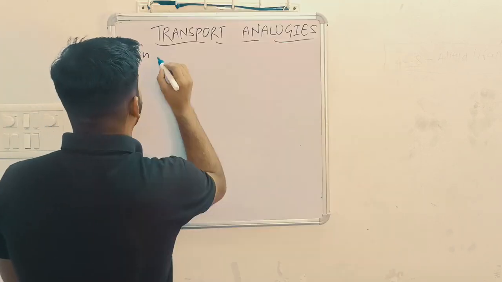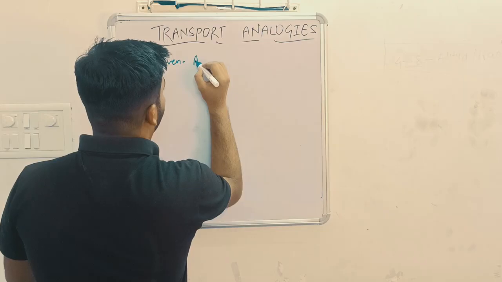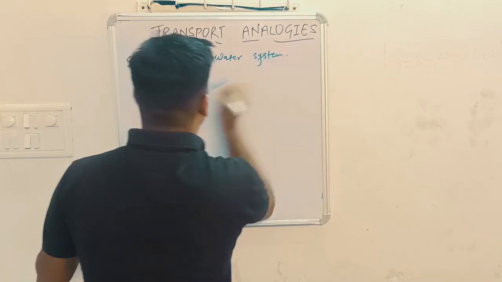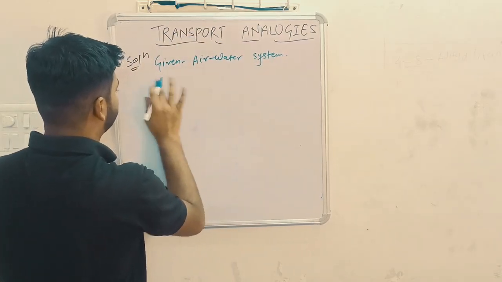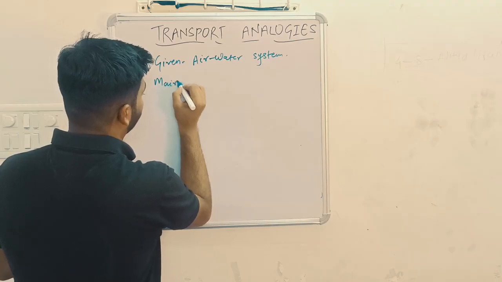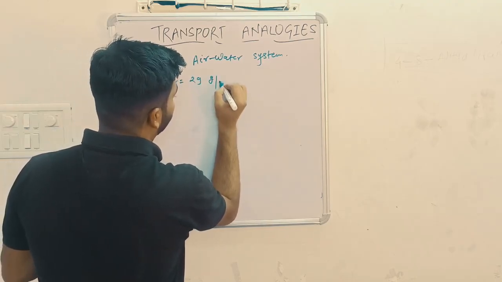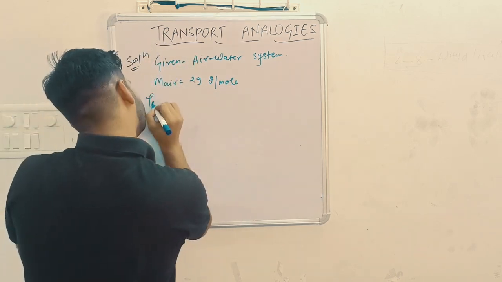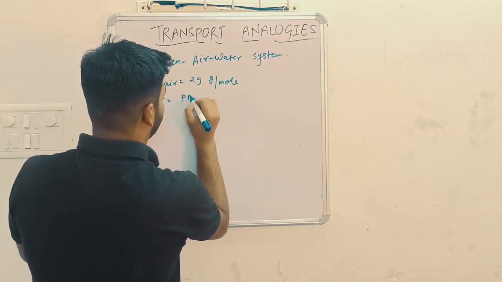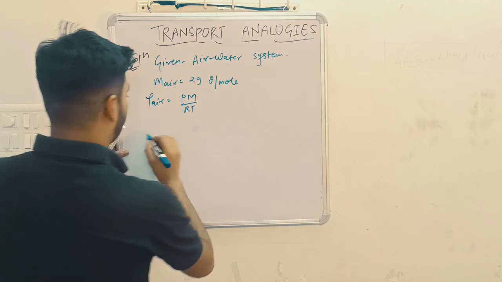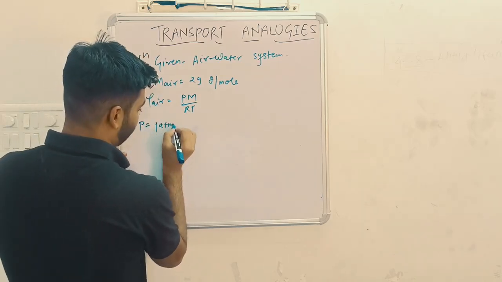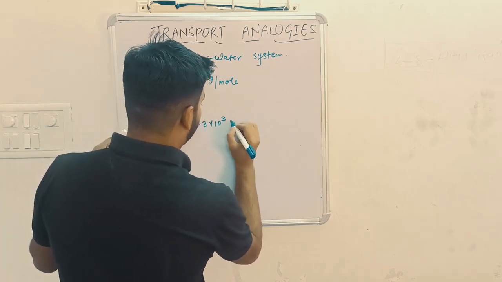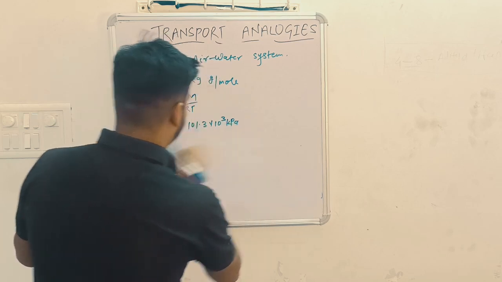So we have given an air water system, where the molar weight of air is taken as 20 gram per millimole, and the density of air is calculated by PM by RT, where P is 1 atm equal to 101.3 into 10 power 3 kilopascal.